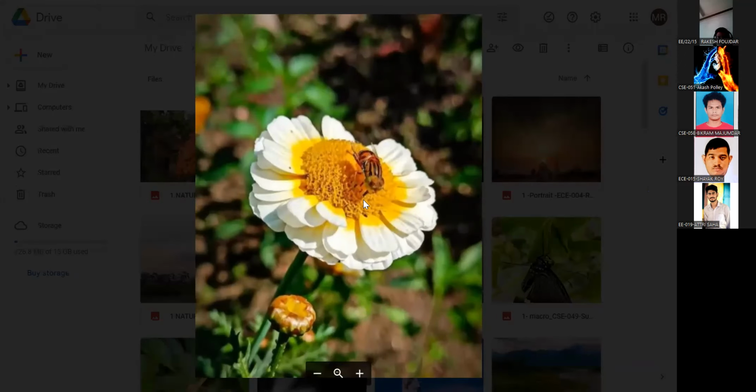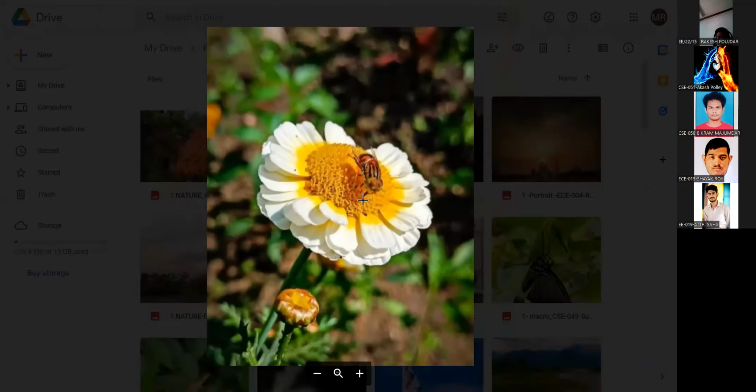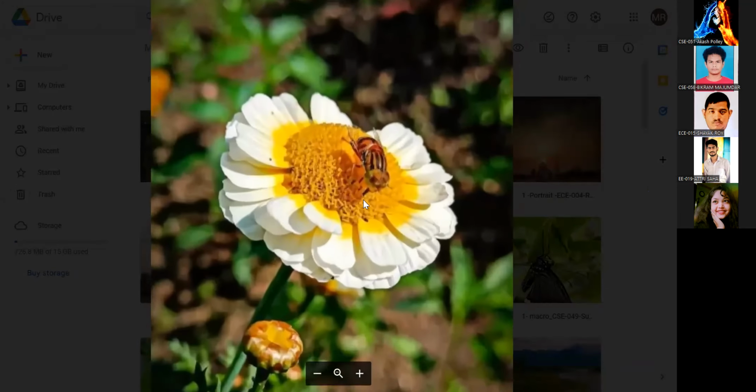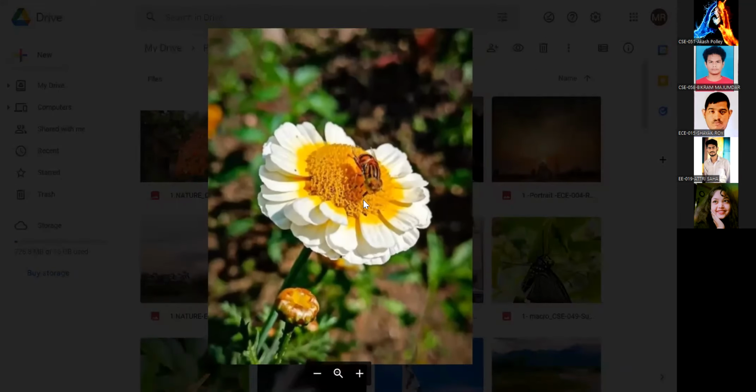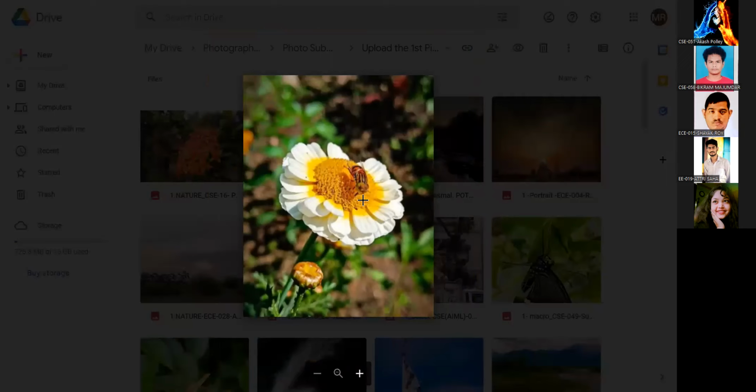Yes, Abhijit, you took a very nice picture. But the only thing I must say is your picture has a very low resolution. Even it is below 2 megapixel. I told you whenever you are doing this kind of macro photography, at least 2 megapixel resolution is required. And while you are giving this 2 megapixel resolution, your object should be in focus.